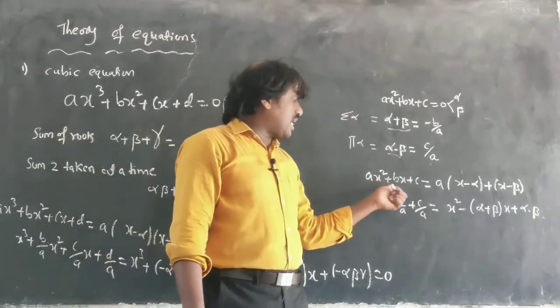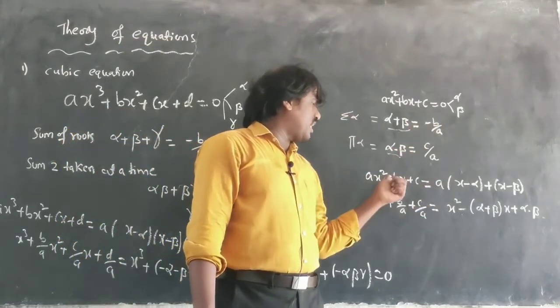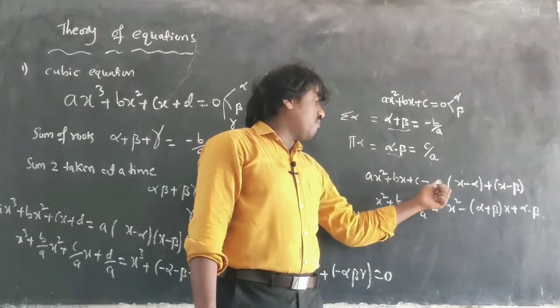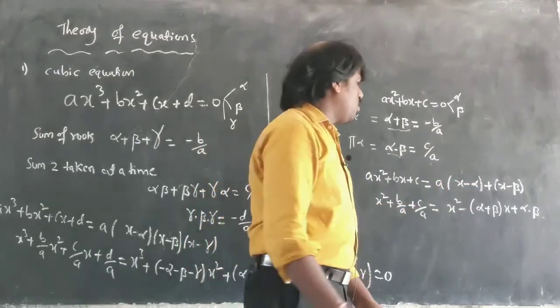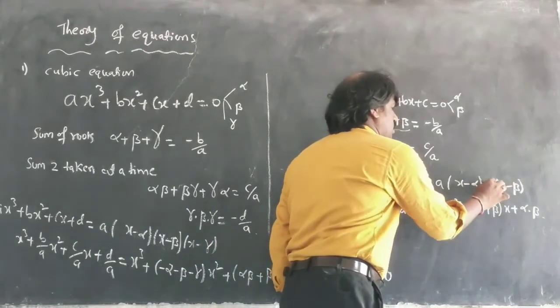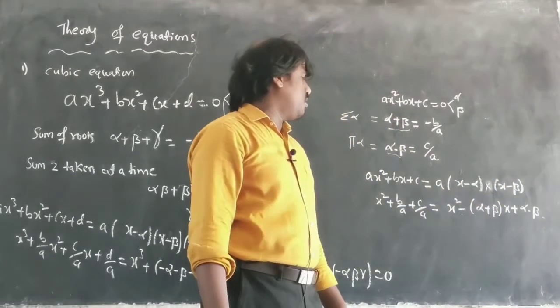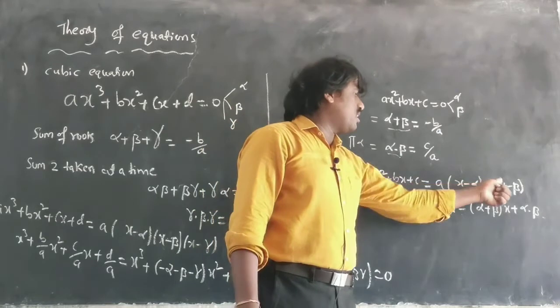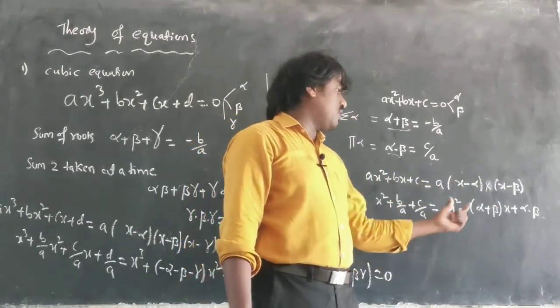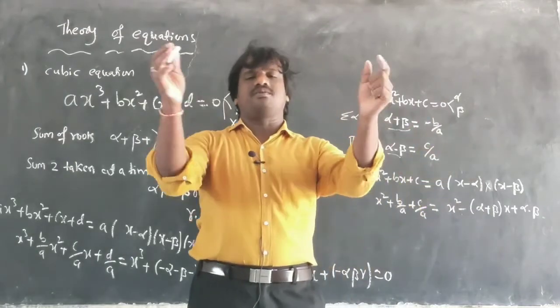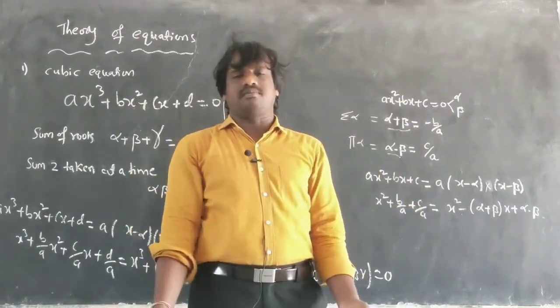Now, you know that I had already explained this one: ax square plus bx plus c will be equal to a times x minus alpha into x minus beta, not plus, into x minus beta will be there. You know that alpha and beta are the roots of any quadratic equation ax square plus bx plus c. So I can write x minus alpha into x minus beta is equal to x square plus bx plus c.